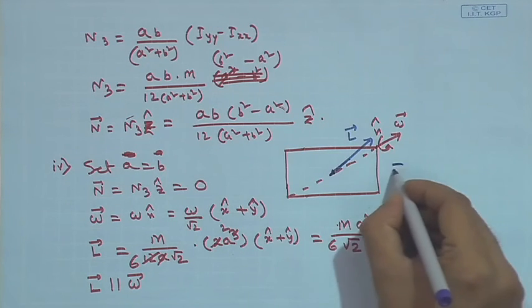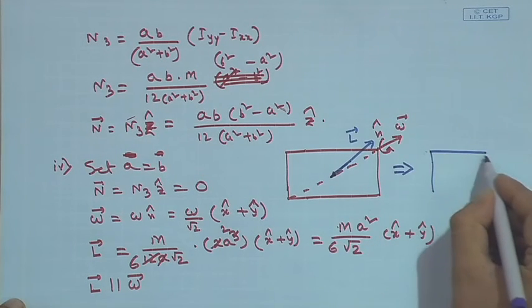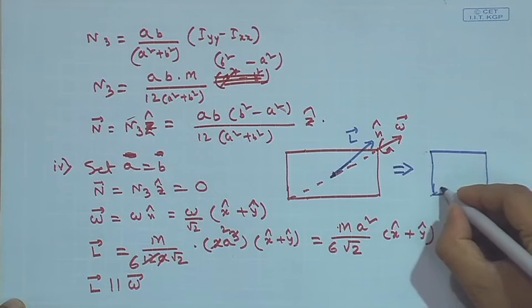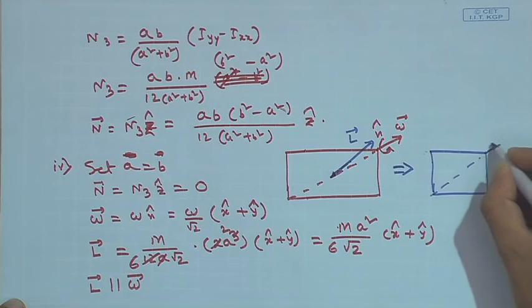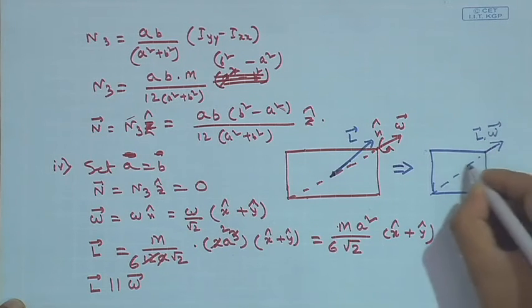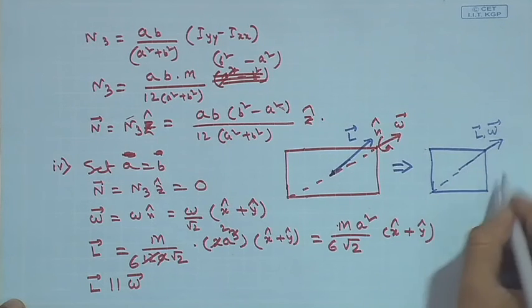Now, from here when we move to the case of a square plate, then L and omega follow the same direction, and the torque required for this rotation vanishes.